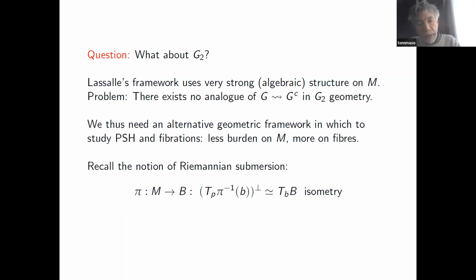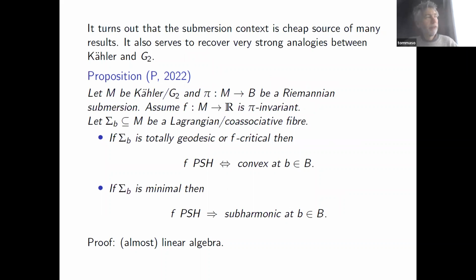And when we have a metric on the parameter space, we can talk about convex functions or subharmonic functions on the parameter space. And we can compare that to the Harvey-Lawson pluri-subharmonic functions on the G2 manifold. So first, I need to show you that this framework does produce some results.